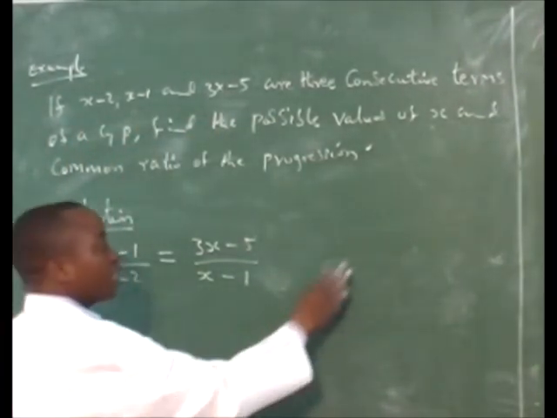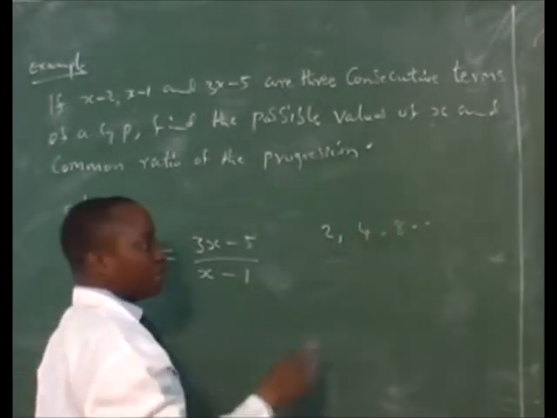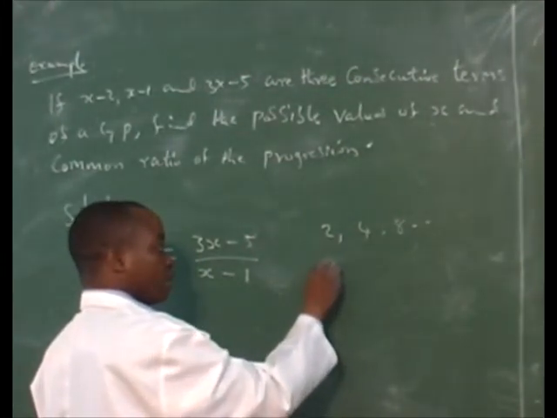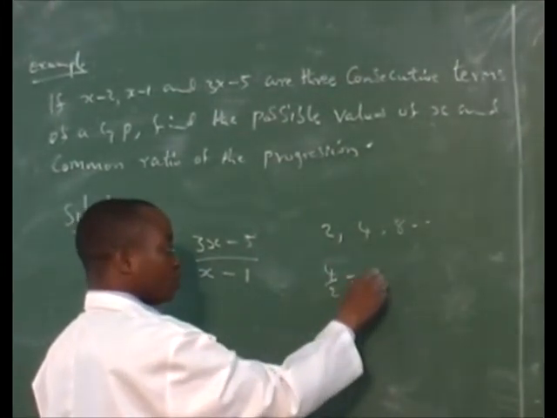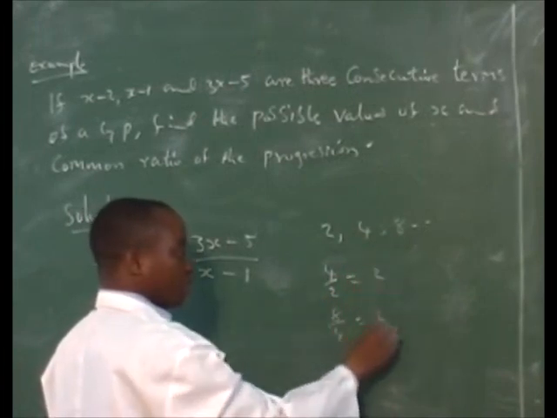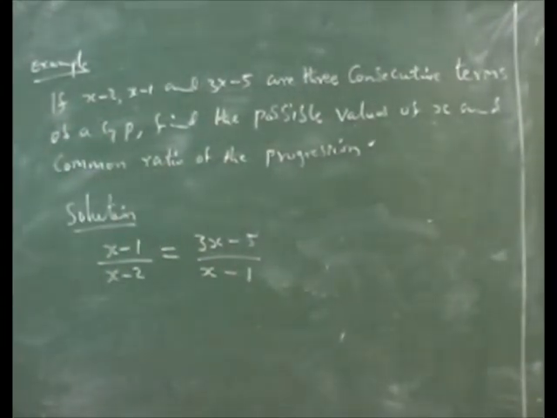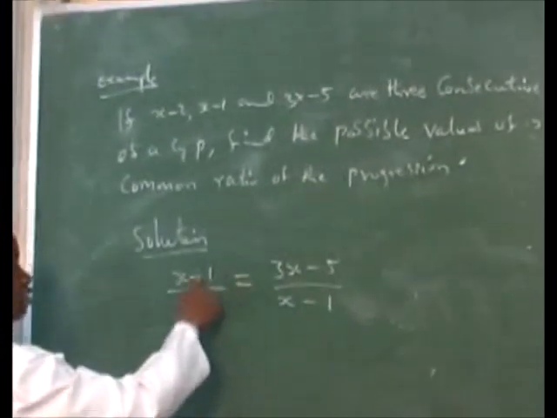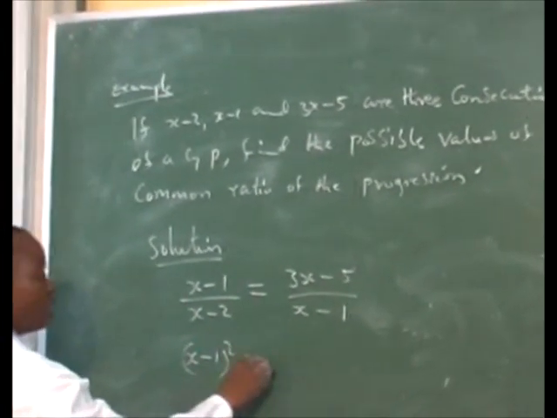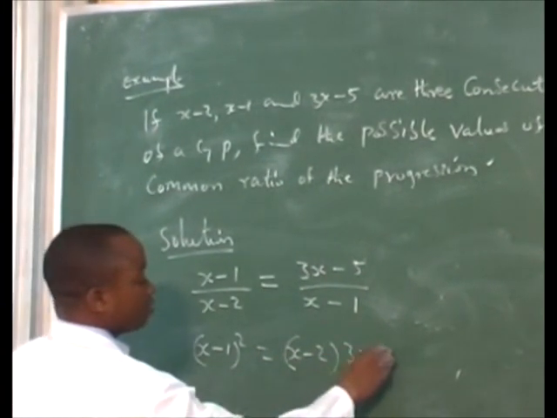Because if I have 2, 4, 8, as we had in the example, you see that 4 divided by 2 gives us 2, and then 8 divided by 4 will still give us 2, which is the common ratio. So that is what we are doing here. Now, if I cross multiply, I will have x minus 1 squared equal to x minus 2 times 3x minus 5.